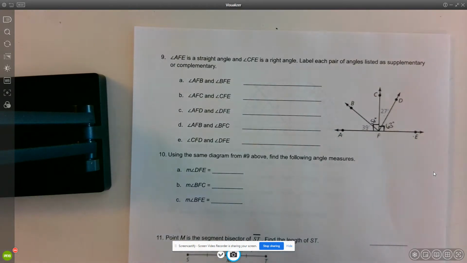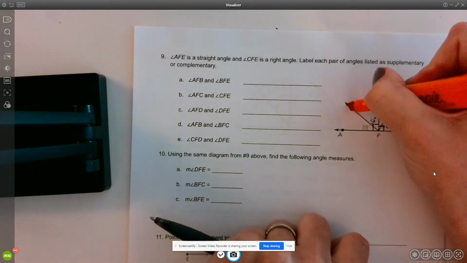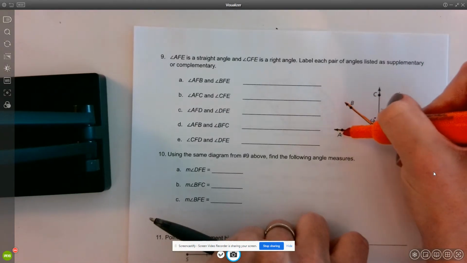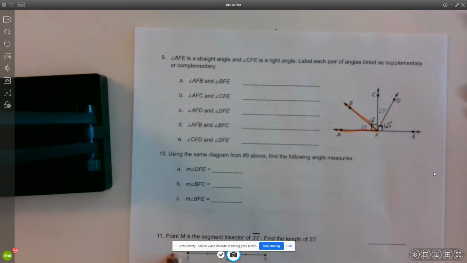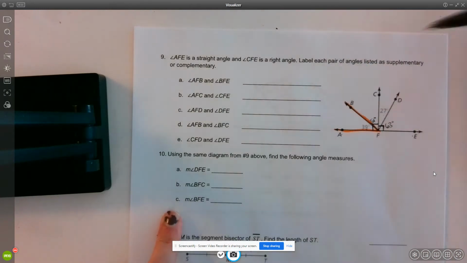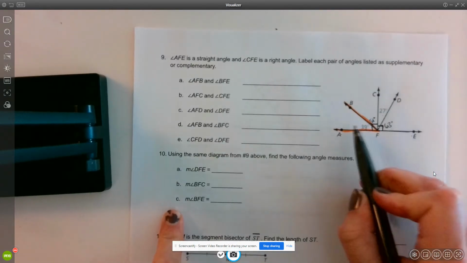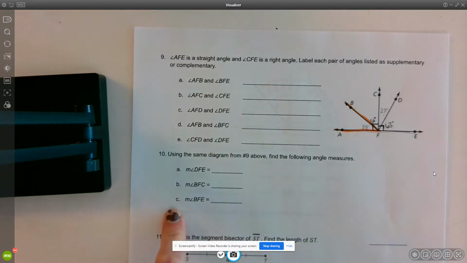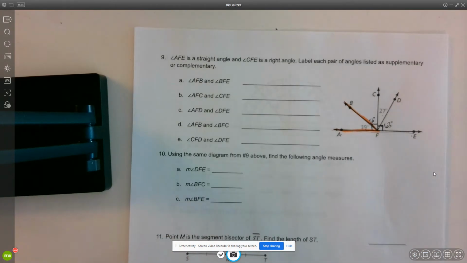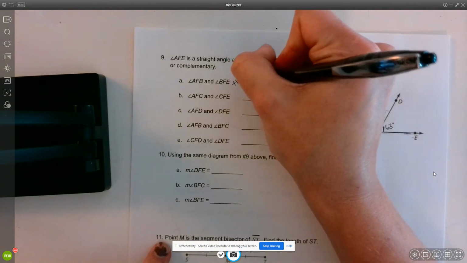In part A, angle AFB and angle BFE. If I look at the orange angle and angle BFE, together they make a straight line. They're a linear pair. And so we know that means they add up to 180.